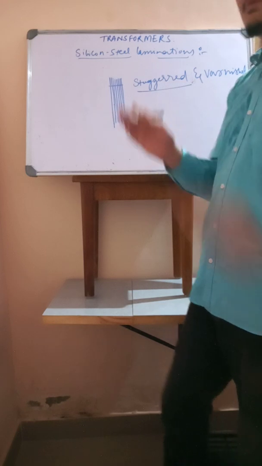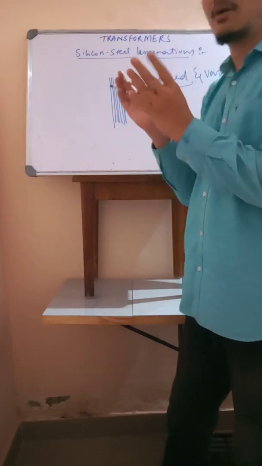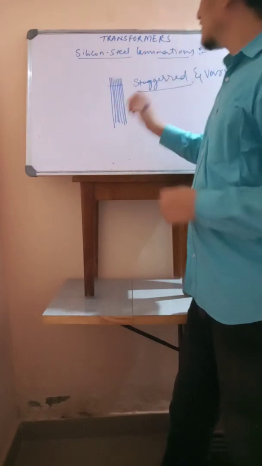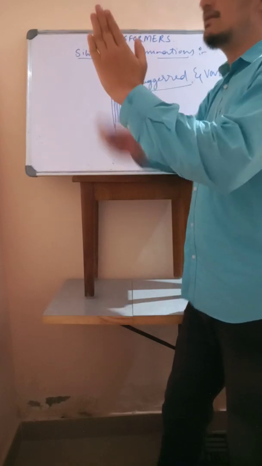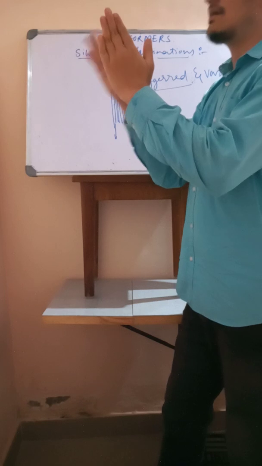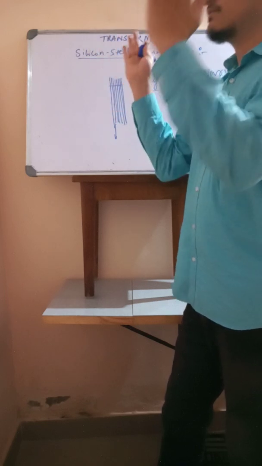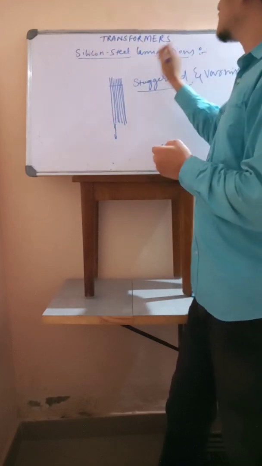Staggered is a mechanical term like welding. You can imagine a scale: one scale, another scale, another scale, one more scale on it. That will be staggered, and that will become a lamination.